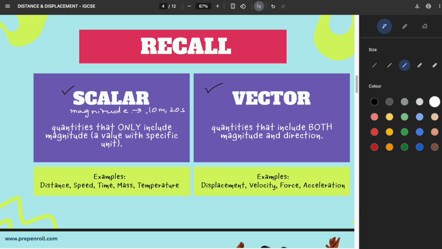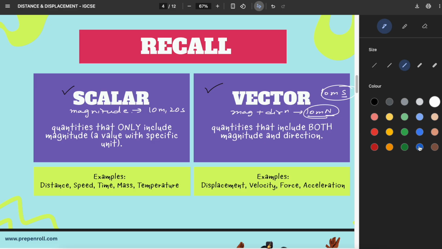What is a vector? It has magnitude as well as direction. If I say 10 meters north and 10 meters south, the magnitude is the same, but the direction is different, and hence these two quantities are treated as different ones.